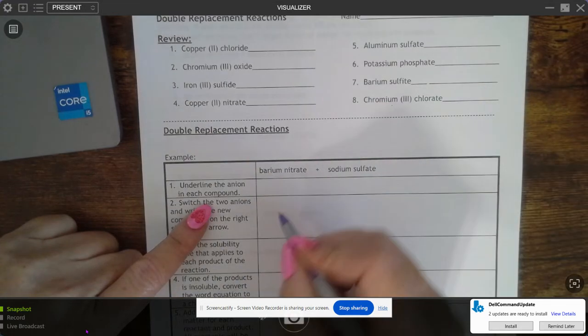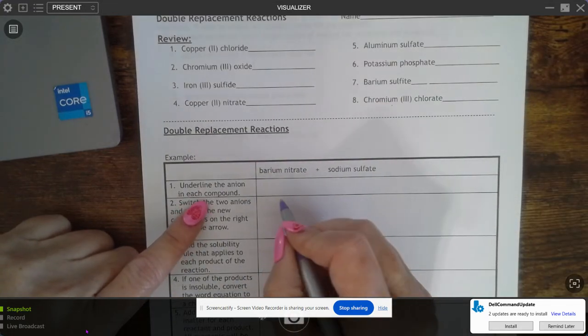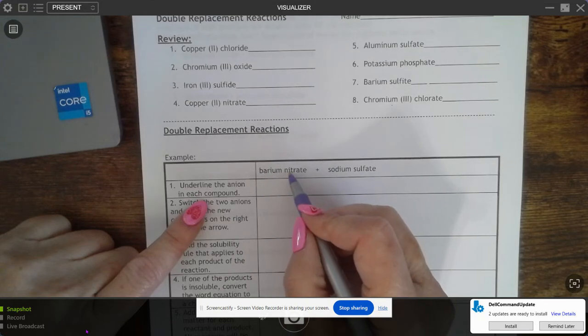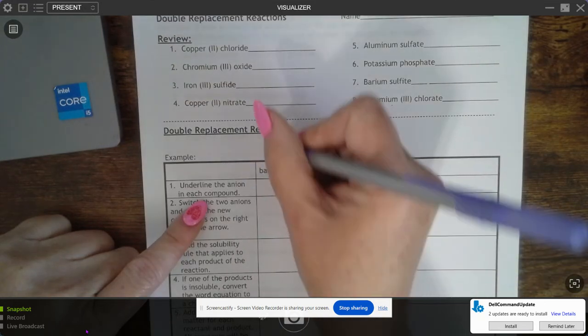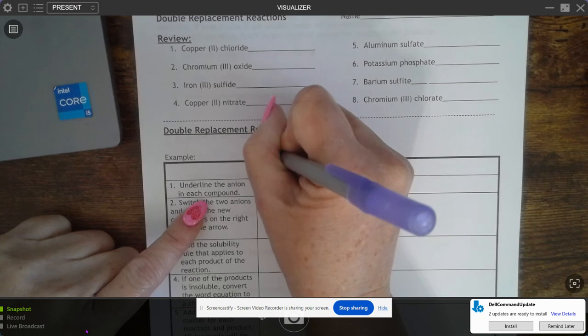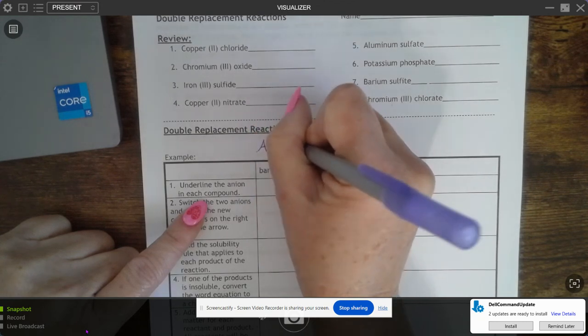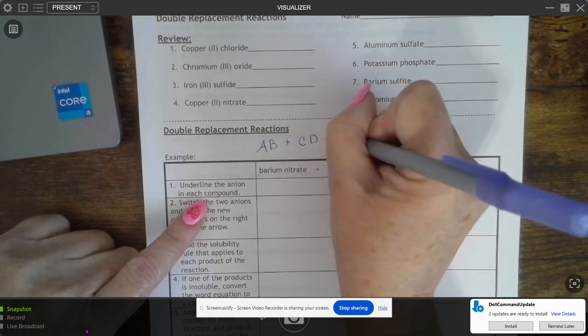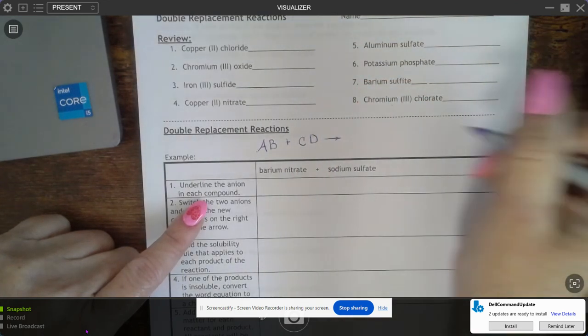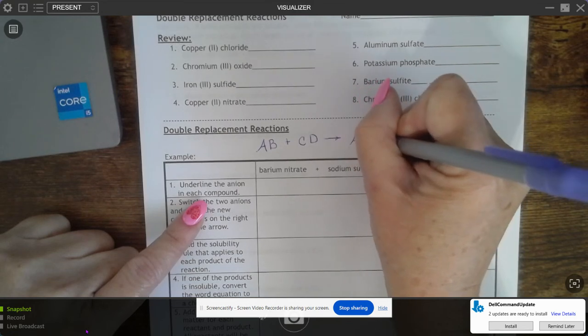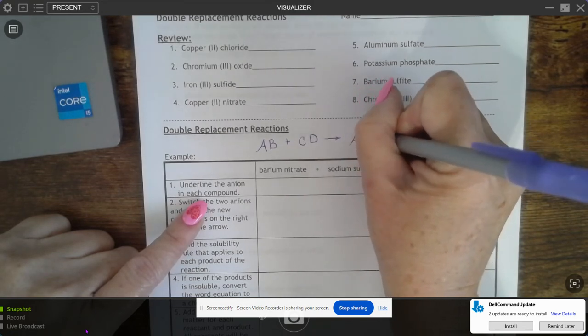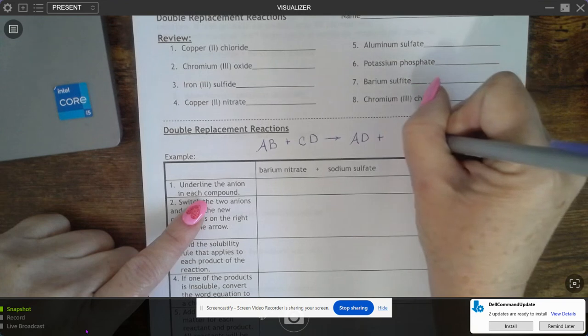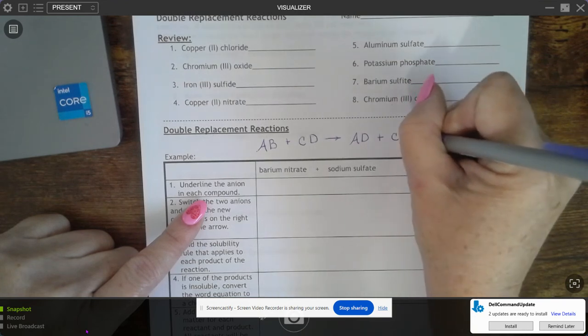Okay. So what we're looking at is a double replacement reaction. The generic formula for a double replacement reaction is we have two compounds, AB plus CD. And what happens is the anions switch places.